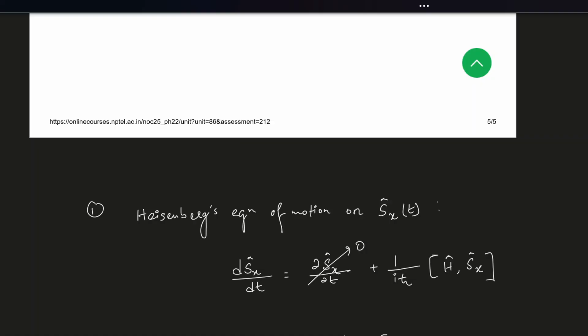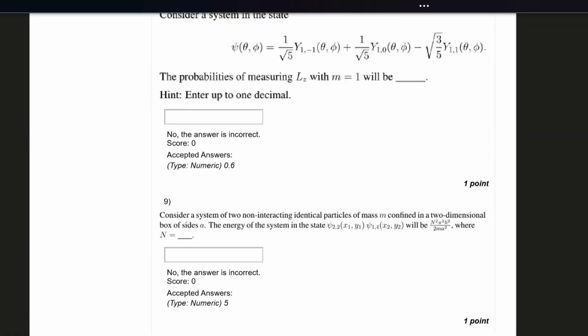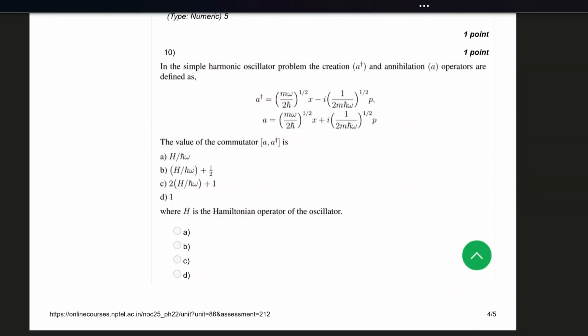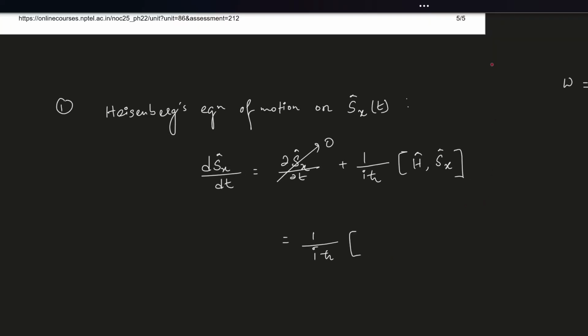In the final part, you can see they have also provided us with this relation that omega is equal to minus qB by mc, given towards the end of this question. So we'll be using that as well, and the Hamiltonian form is omega Sz cap.